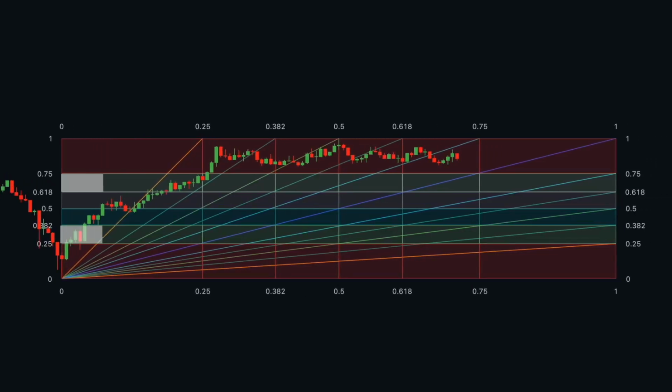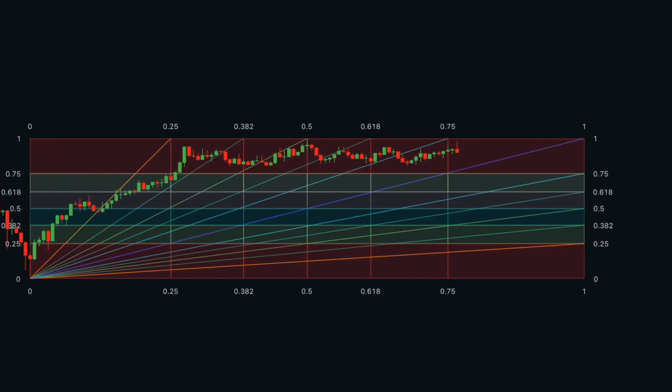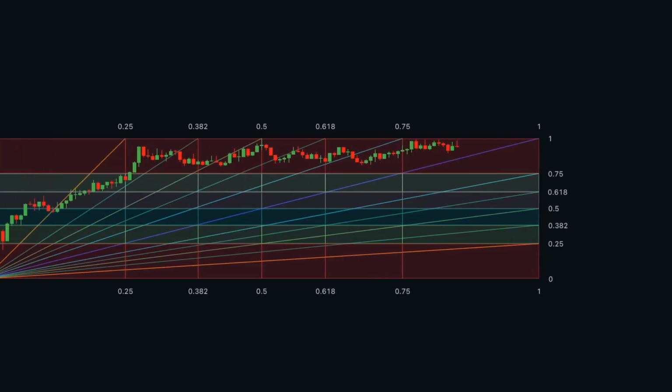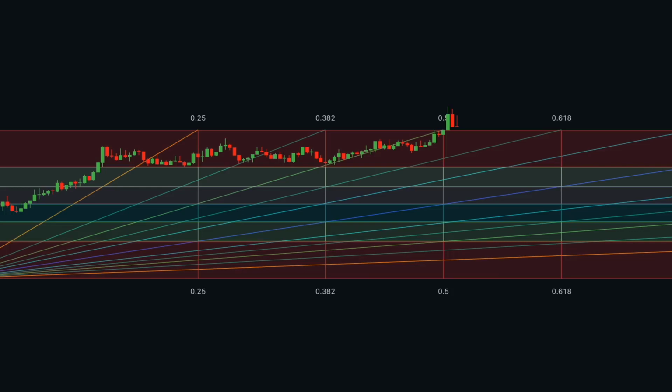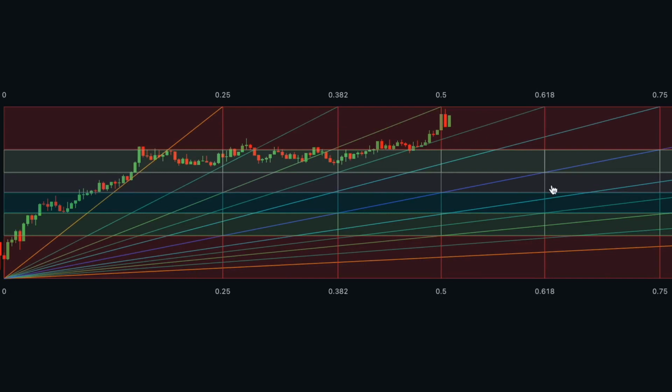This indicator helps traders identify potential support and resistance levels and forecast future price movements. Gan used angles and various geometric constructions to divide time and price into proportionate parts. Gan indicators are often used to predict areas of support and resistance, key tops and bottoms, and future price moves.